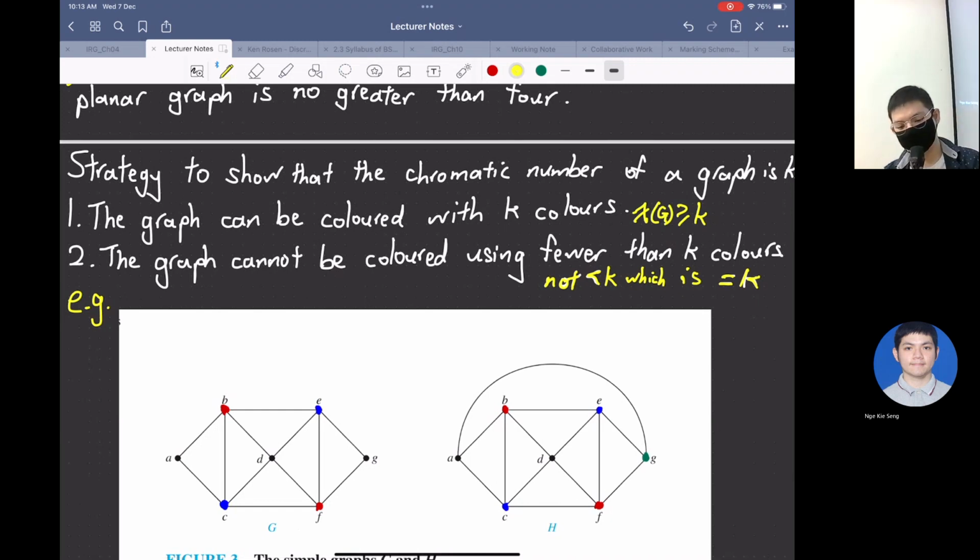And then it cannot be less than k. How to write less than k? Did I do something wrong here? Cannot be fewer than k.